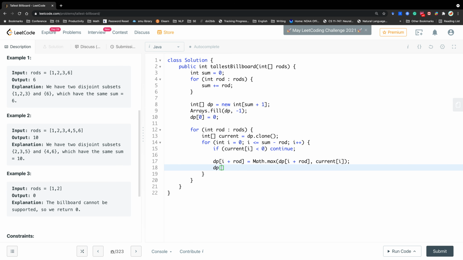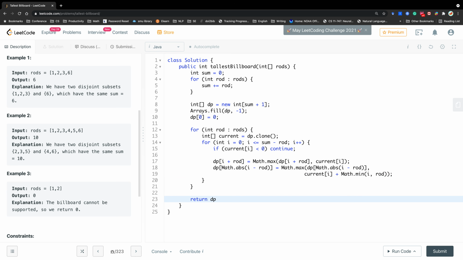The other, dp[absolute value of i minus road], will be max of dp and the current i plus whatever minimum, which will be the i or road. So in the end, just return dp[0].